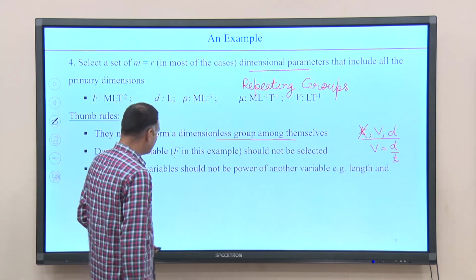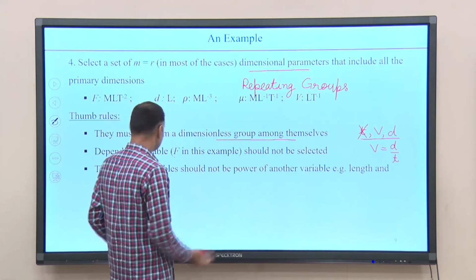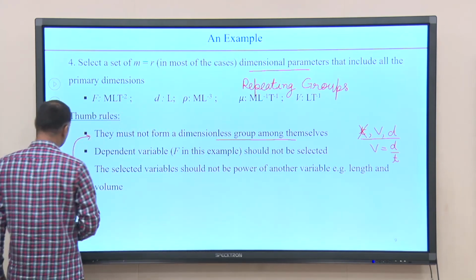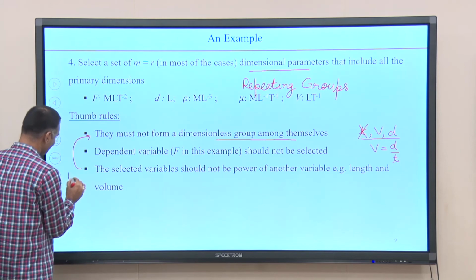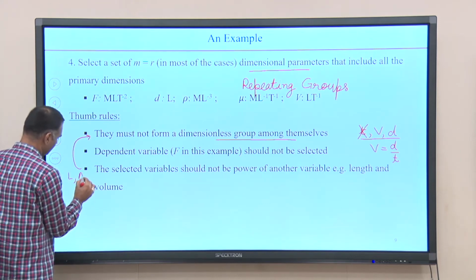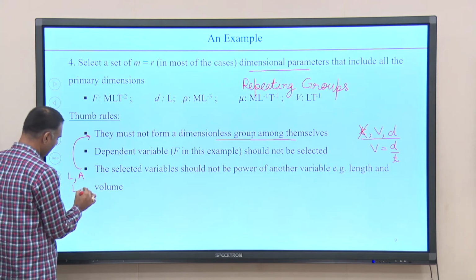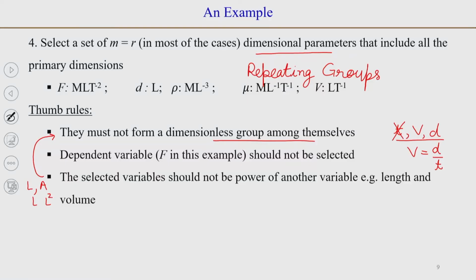The selected variable should not be a power of another variable. It is just a corollary of this, that you should not have length and area, for example, because they will have L and L square dimensions. So, one can be represented in terms of the other.